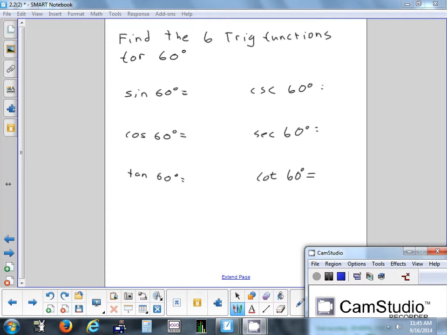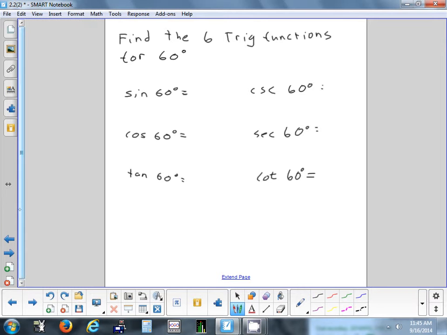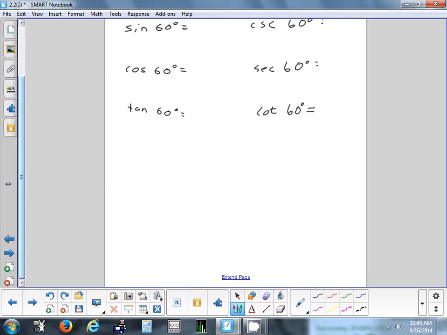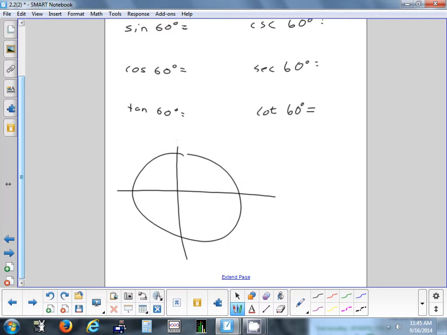Now we're finding the 6 trig functions of 60. First thing I do if I can't remember: I know there's a root 3 over 2, and I know there's a 1/2. If I can't remember, make a sketch. 60 is going to be closer to 90, so draw my triangle.